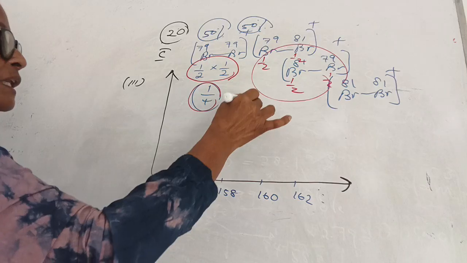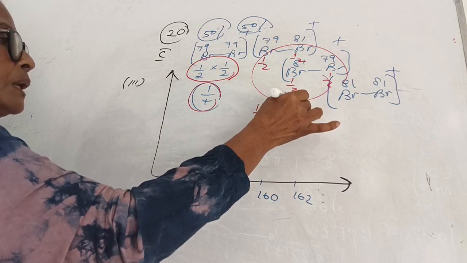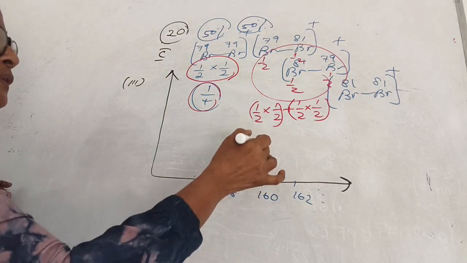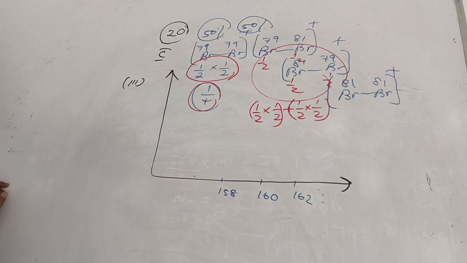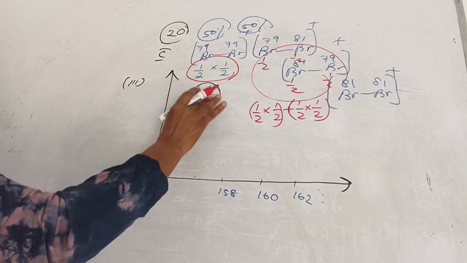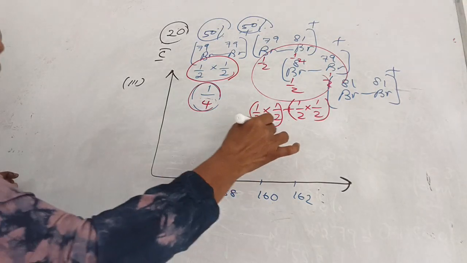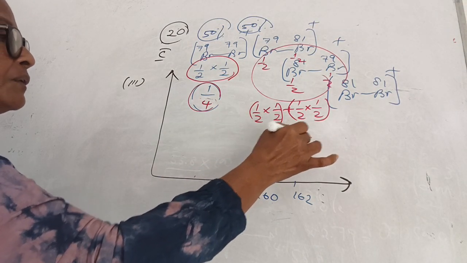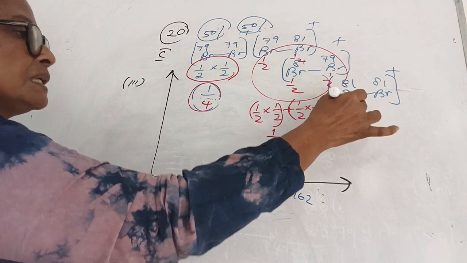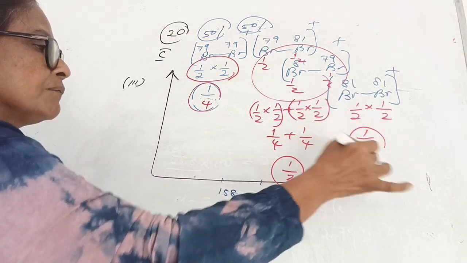So it's very clear 1 over 2 times 1 over 2 becomes 1 over 4. For the middle one it is 1 over 2 times 1 over 2 plus 1 over 2 times 1 over 2, because there are two different combinations. That becomes 1 over 4 plus another 1 over 4, which is 1 over 2. And this combination is again 1 over 2 times 1 over 2, which is 1 over 4.